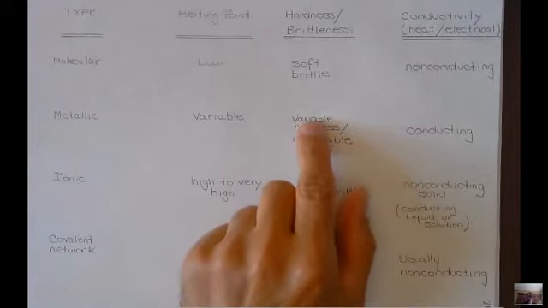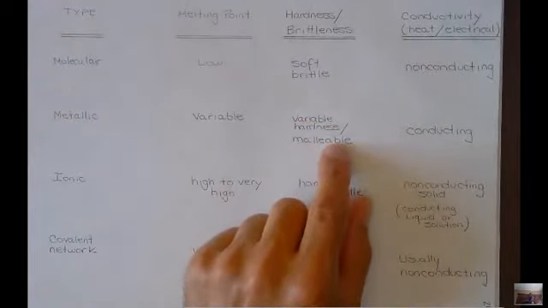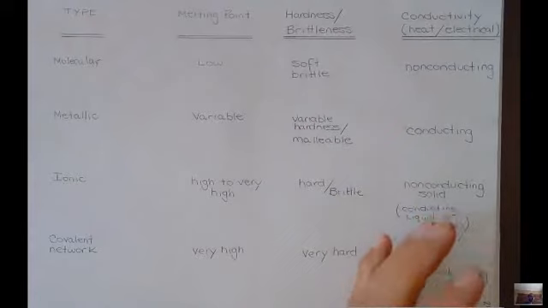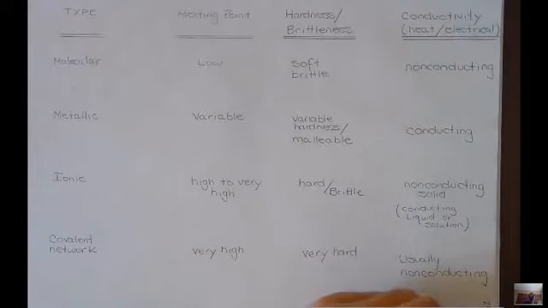Okay. Metallic solids have variable hardness, and they're said to have this property called malleability. If you hit it with a mallet, you can shape it. So you can take a piece of aluminum or iron or steel, which is more than 90% iron, you can hit it with a hammer, and instead of it breaking into a million pieces, it'll bend and take the shape of whatever you hit.